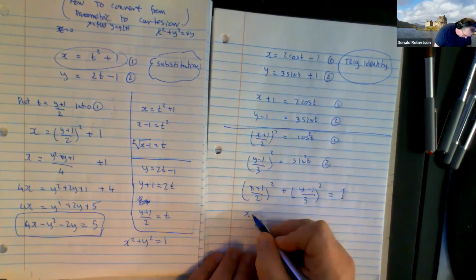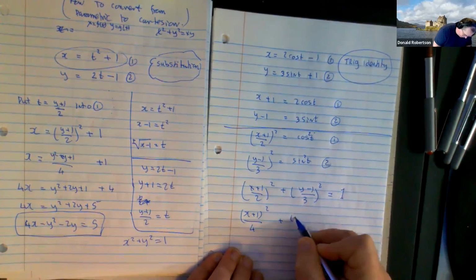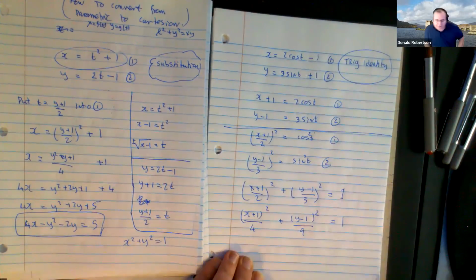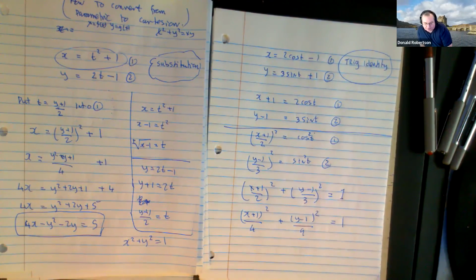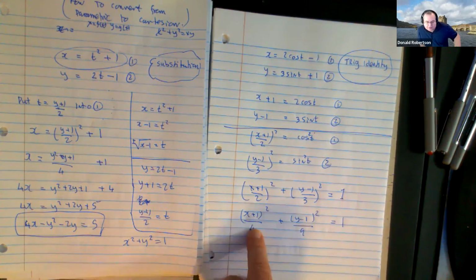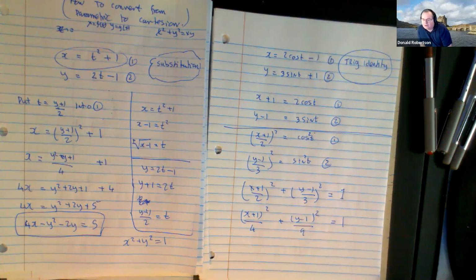And then just to make it look pretty, and if you're interested, that is an ellipse centered at -1, 1 with a horizontal axis of 2 units and a vertical axis of 3.